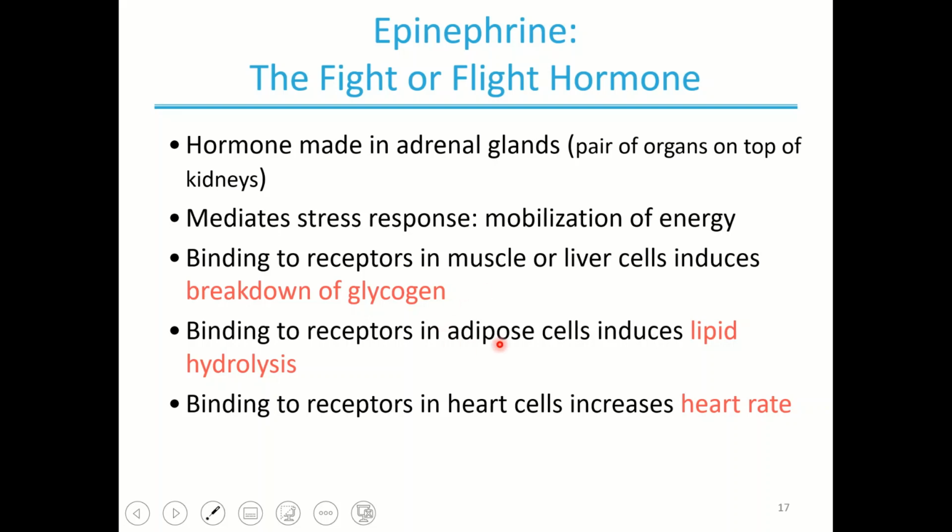In fat tissue, adipose cells, it induces lipid hydrolysis, which again gets free fatty acids available to be metabolized. In heart cells, it increases heart rate to speed up blood flow, to get those metabolites to different tissues, to get oxygen to your muscles quicker when you're running away from something.